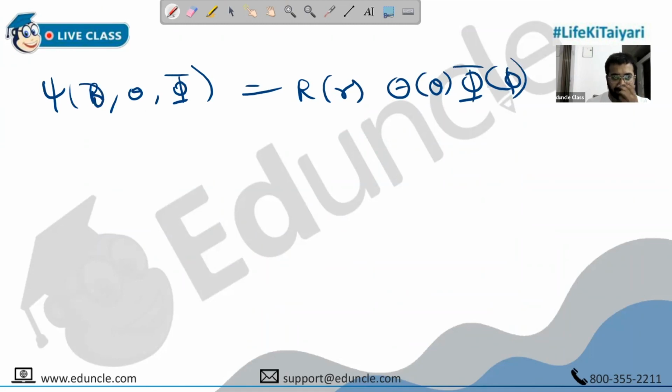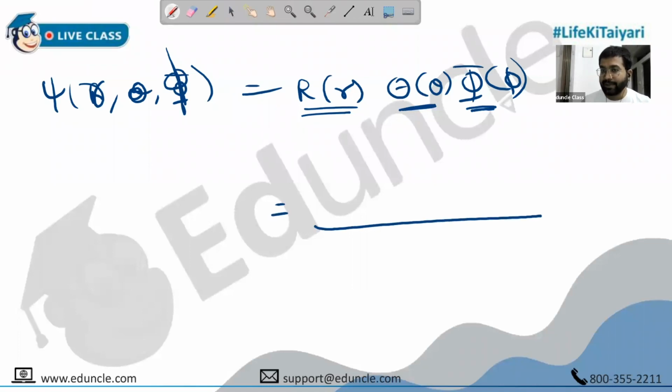This was the wave function of hydrogen atom, and we have written how R depends on quantum numbers, how Theta depends on quantum numbers, and how Phi depends on quantum numbers. So what maximum would happen here is they can give you an equation, and from that they may ask you to identify the quantum numbers.